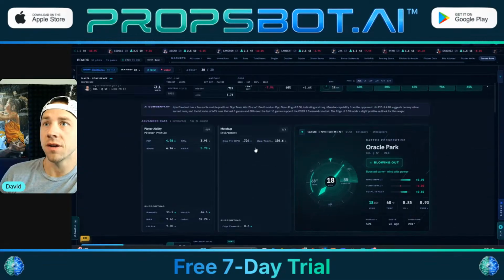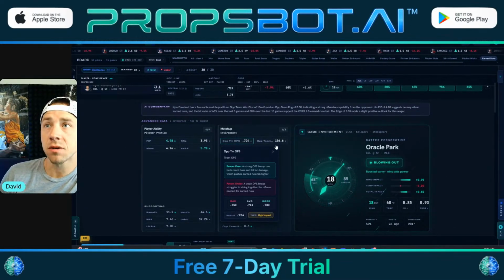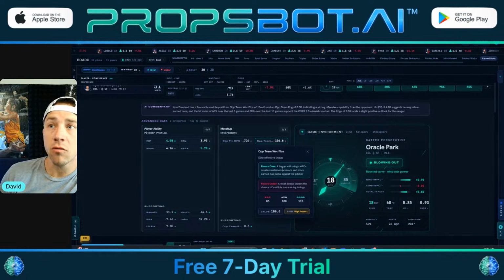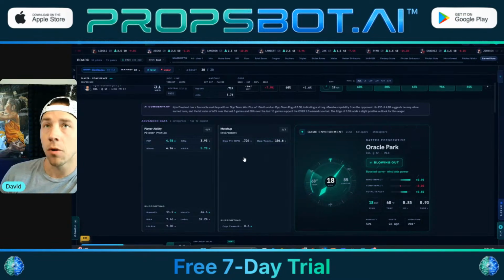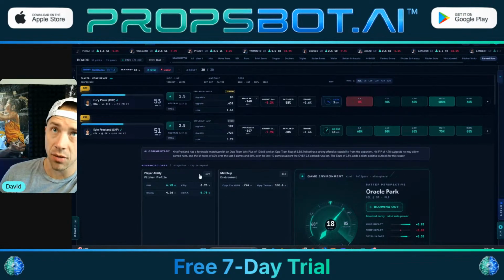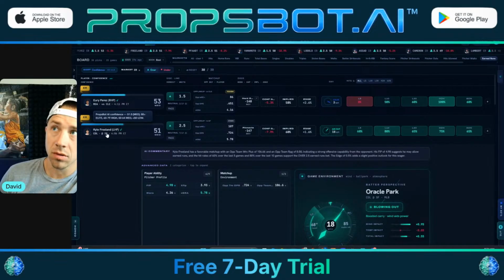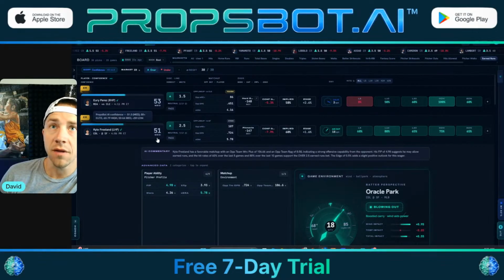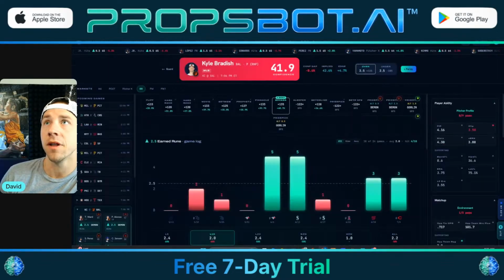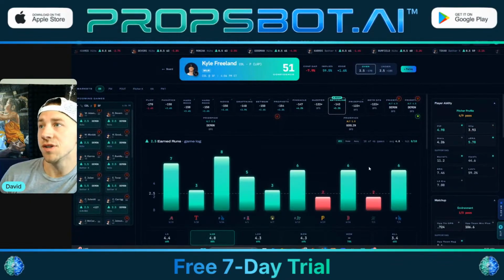How about Freeland? Better OPS, better weighted runs created, above average in both, 18 miles an hour blowing out. So this could be a decent play right here, Kyle Freeland. This is how I would use it to find plays.